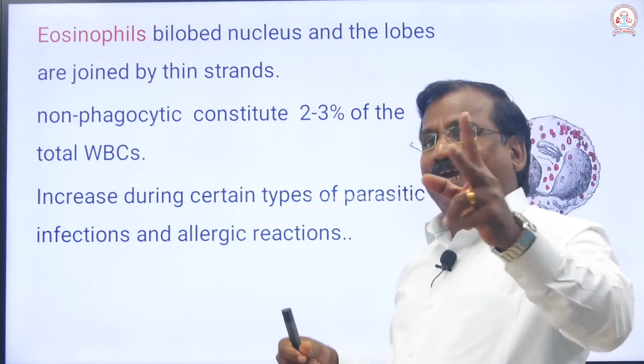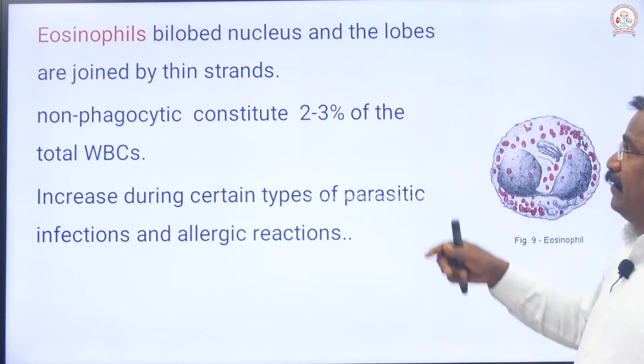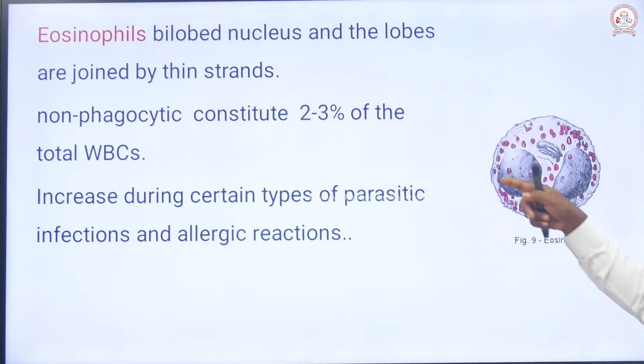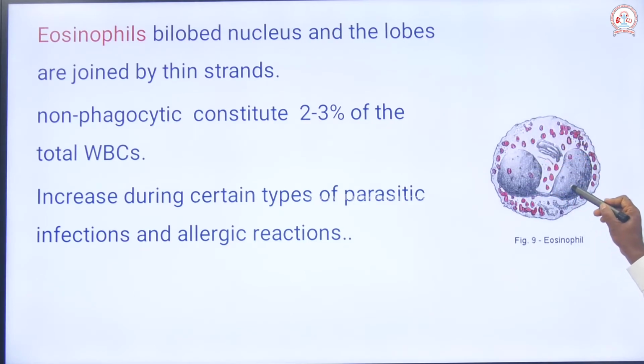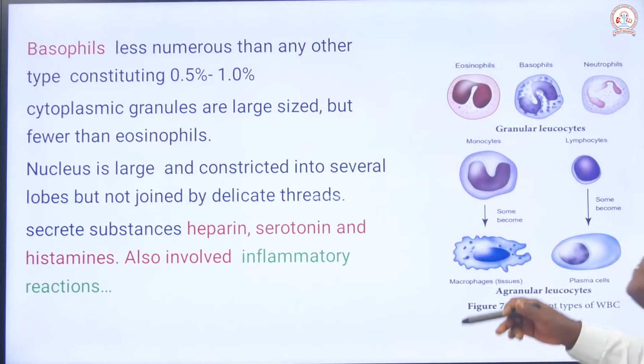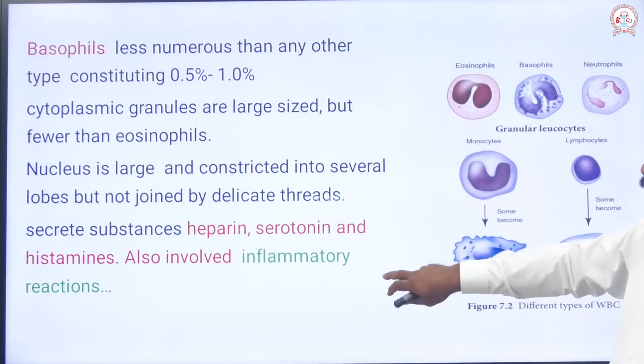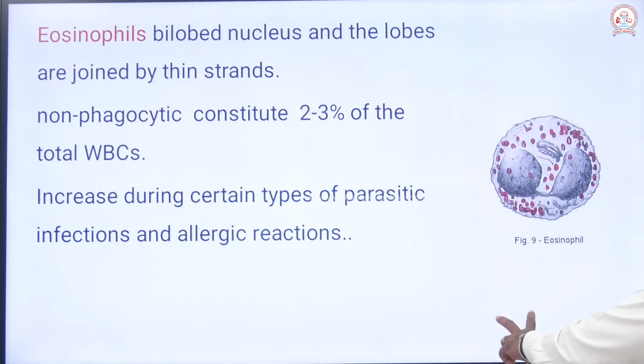Eosinophil, that comes under the granulocyte. Eosinophil has a bilobed nucleus, connected by a thin strand. It is large in size.